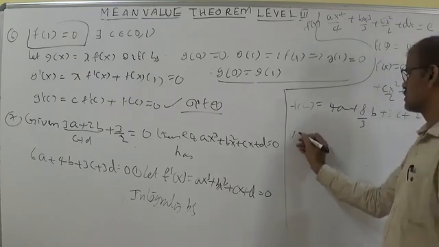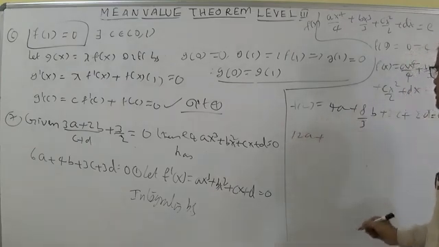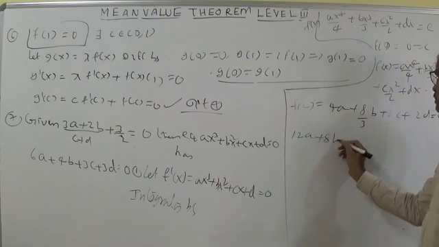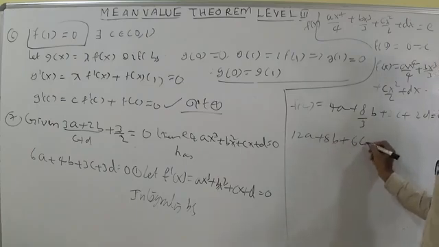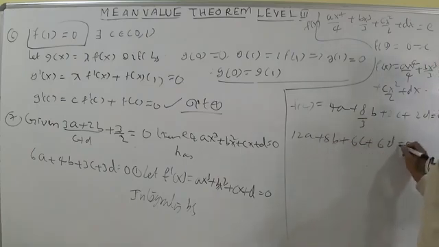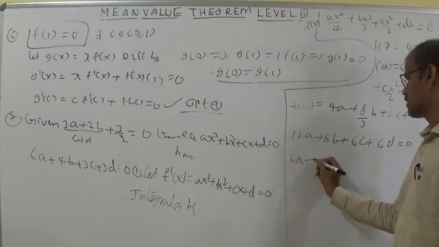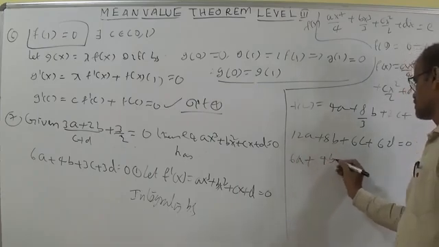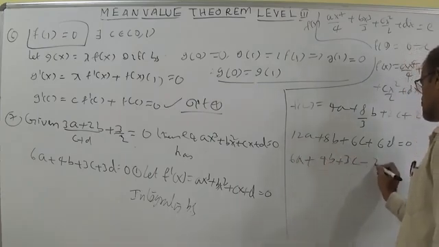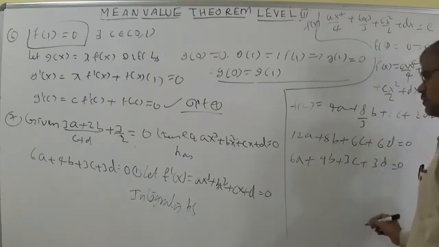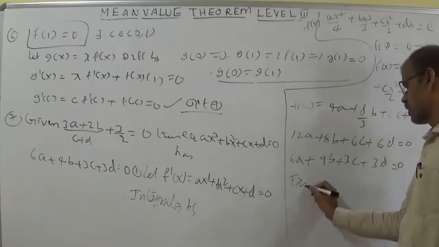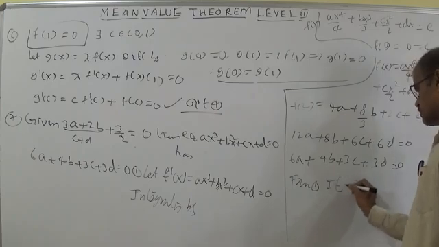Let us consider, by taking LCM, 12a plus 8b plus 6c plus 6d equal to 0. If we divide by 2, we get 6a plus 4b plus 3c plus 3d equal to 0. From equation 1 it is true.